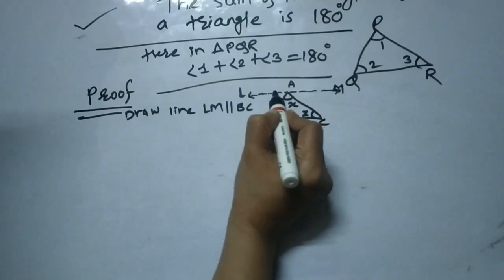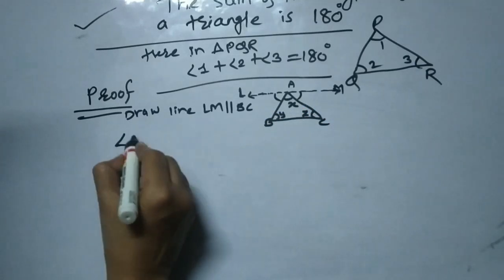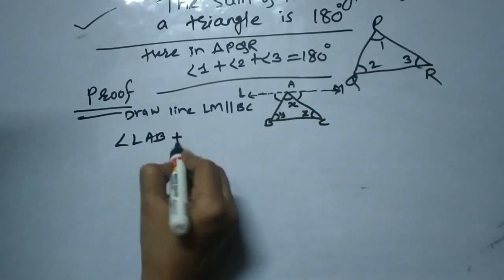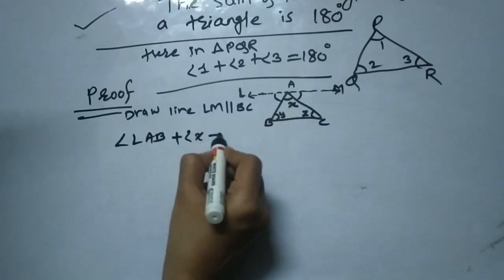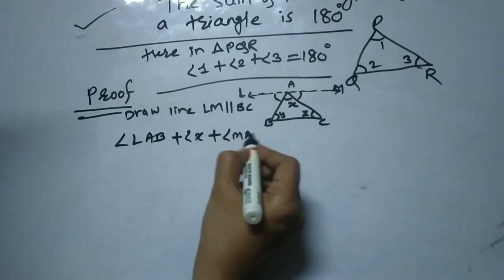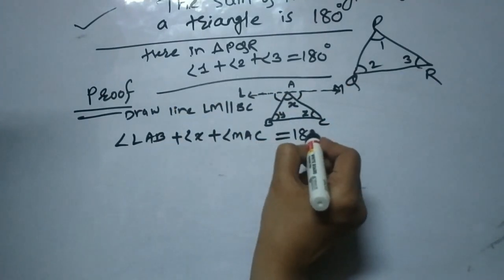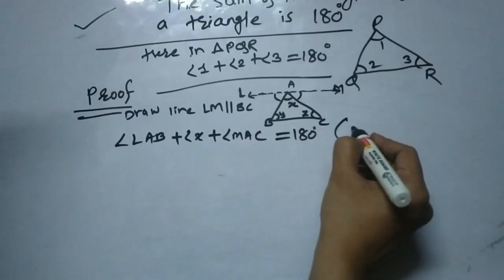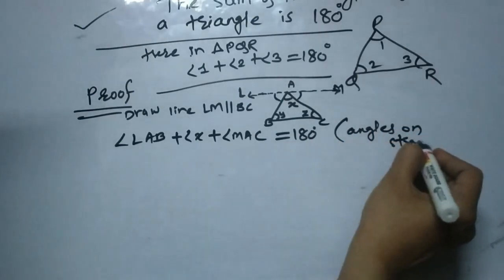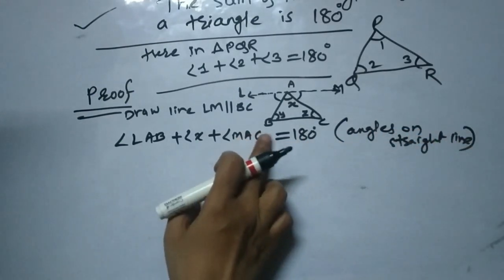So we consider these three angles: angle LAB plus angle X plus angle MAC. Friends, this is a straight line, so the angle on a straight line comes to 180 degree. In the reason you can write: angles on a straight line come to 180 degree.